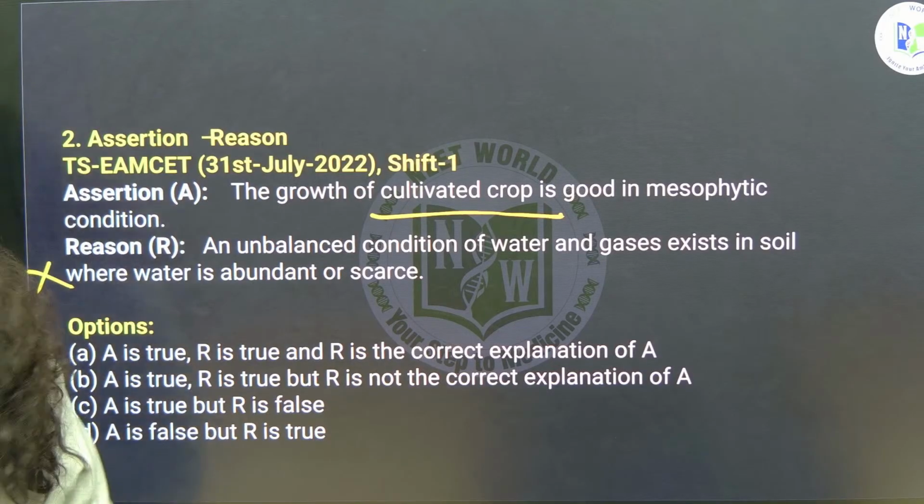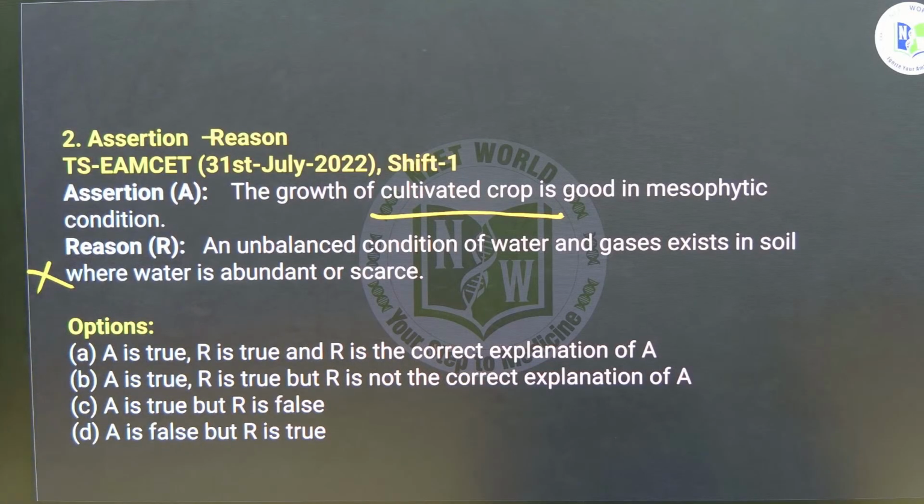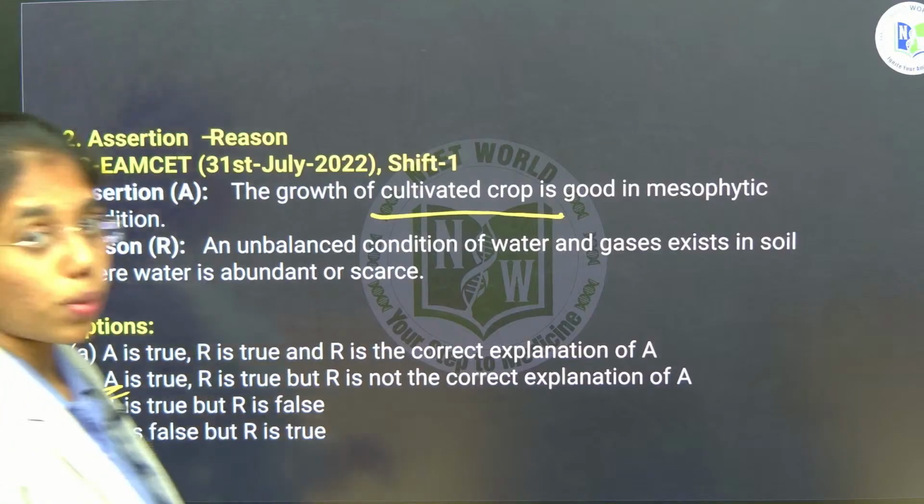Mesophytic. Right? Assertion is true and reason is false. Next question.